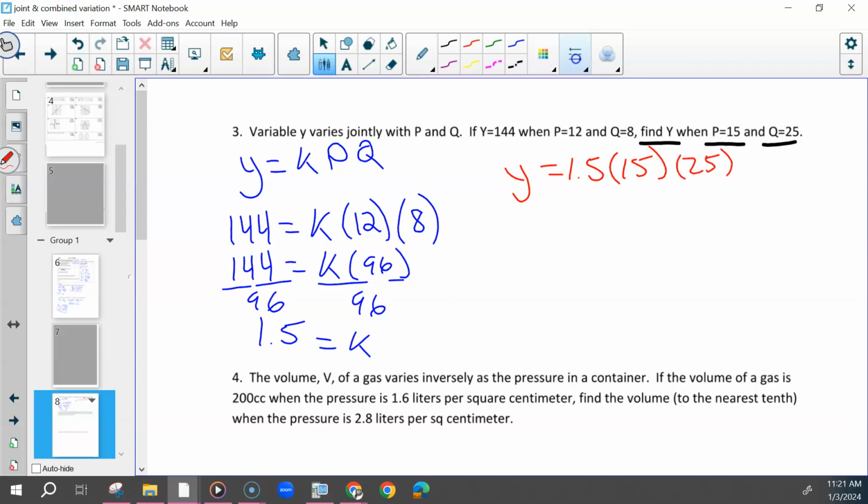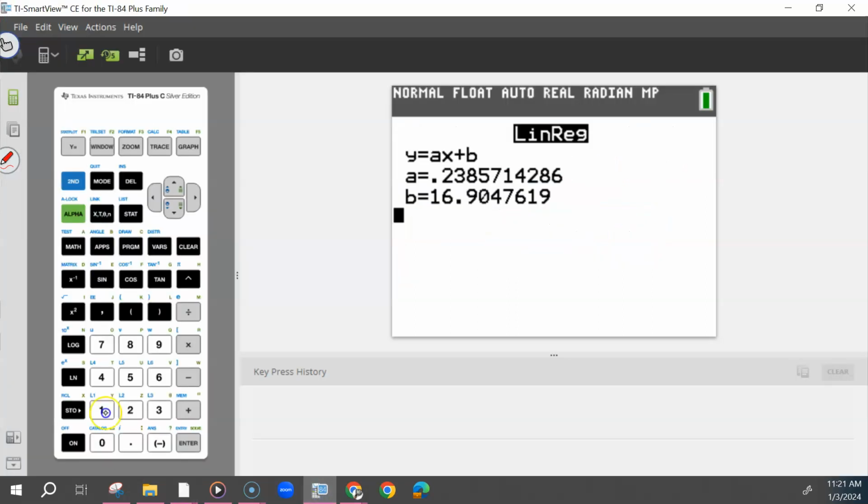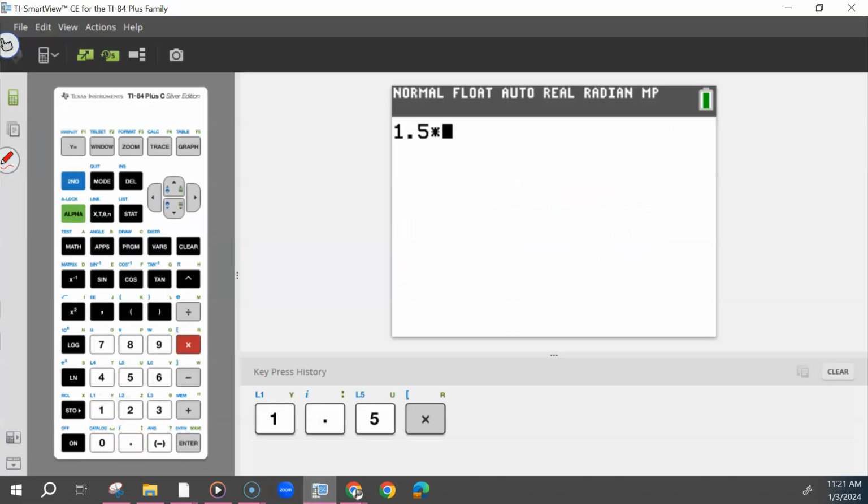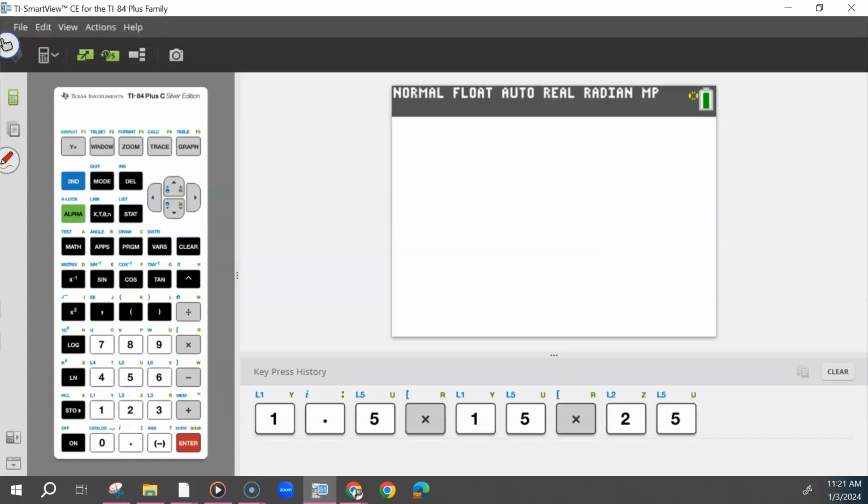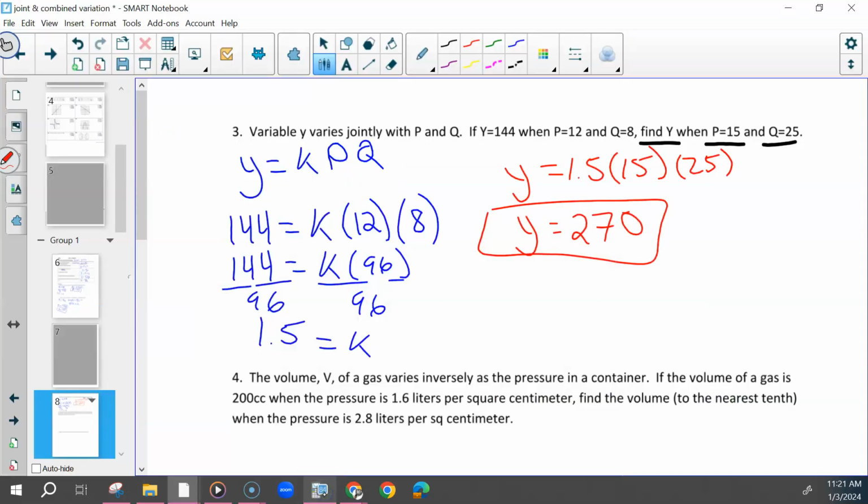Multiply all of those together. Figure out what y is. So 270. I got something different. You got that? So it should be that. 563.5.